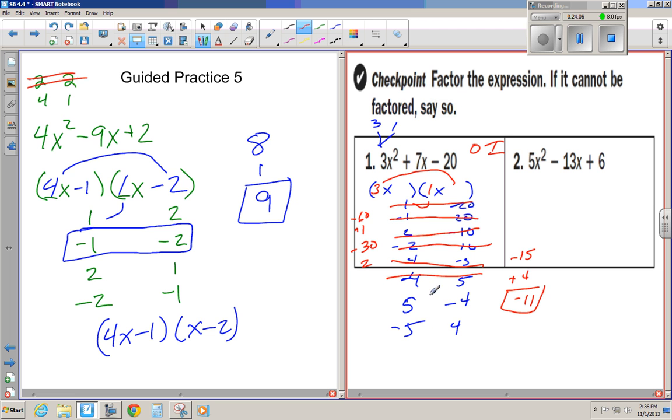Now, 3 times negative 4 is negative 12. 1 times 5 is 5. Adding them together gives us negative 7. Now, that's not quite what we're looking for, but it's very close. We should know this is not the right answer, but these are. So all you have to do is take this number and put it up at the top.